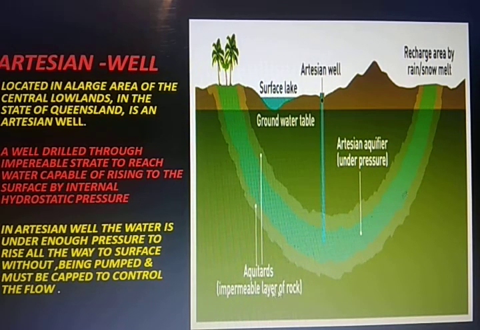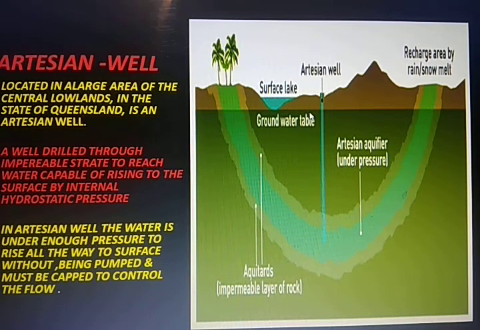So there is an impermeable layer of rocks, and the groundwater seeps through as the soil is porous, and it is stored over here, and due to hydrostatic pressure it comes out, right?